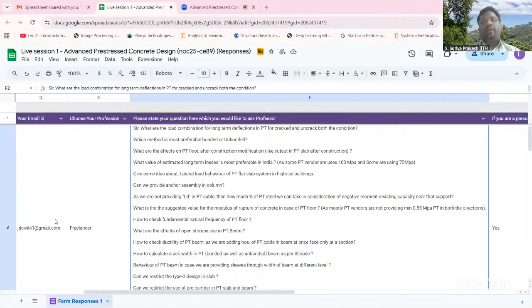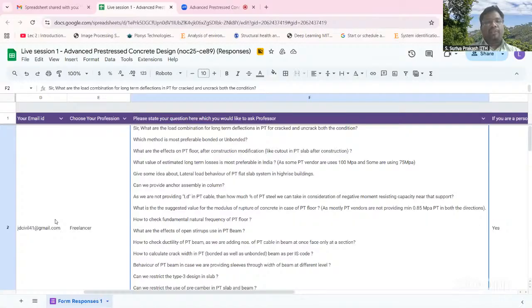Though we have type 1, type 2, and type 3 design, even in type 3 the crack widths are going to be very minor, 0.1 to 0.2 mm. So the code allows you to do linear stress distribution calculations, because the crack widths are minor, and we use this hypothetical tensile stress for calculating the amount of pre-stressing and the cable profile.